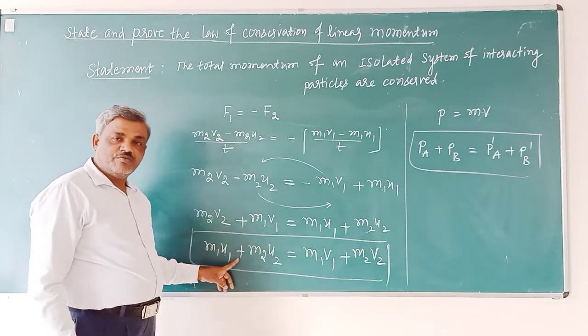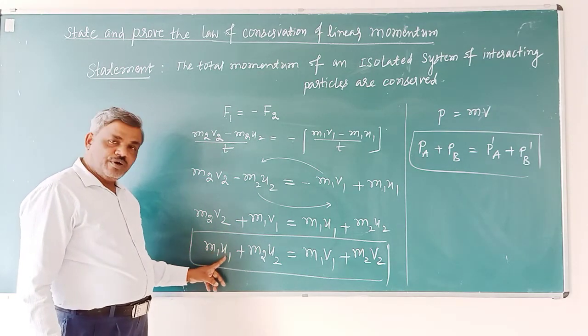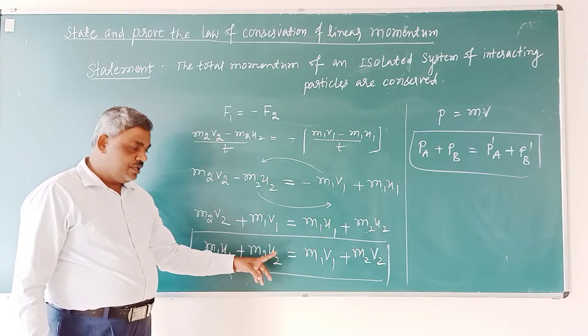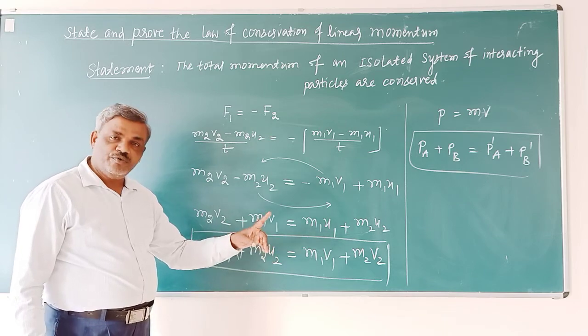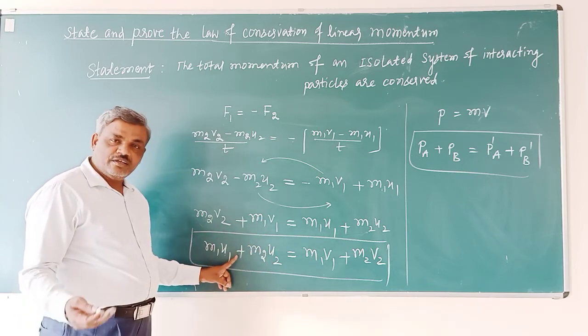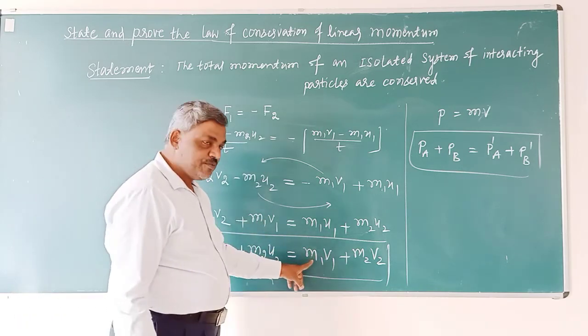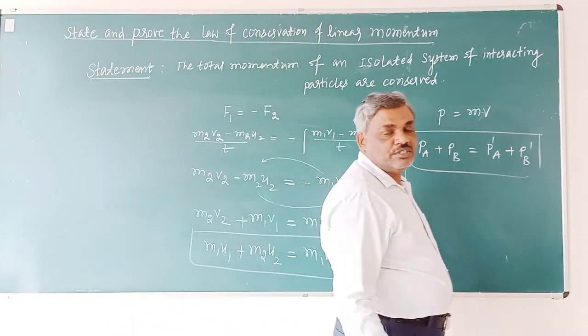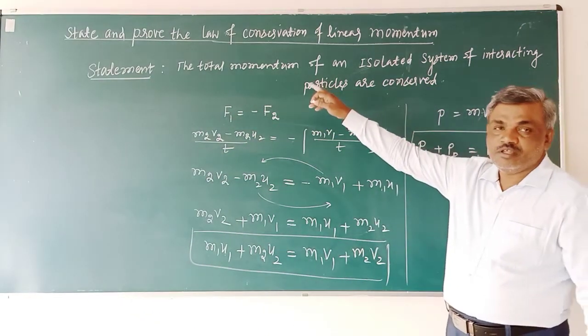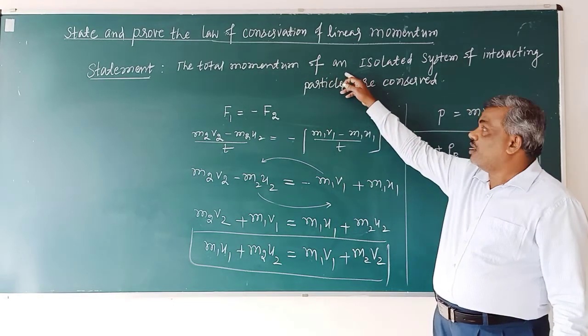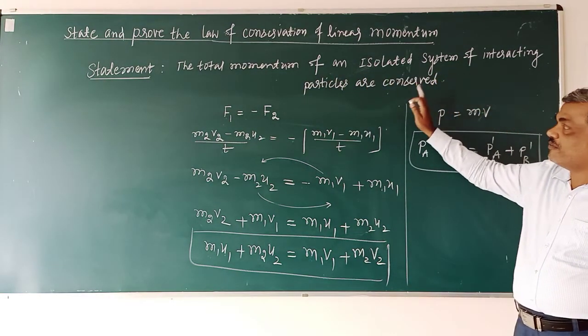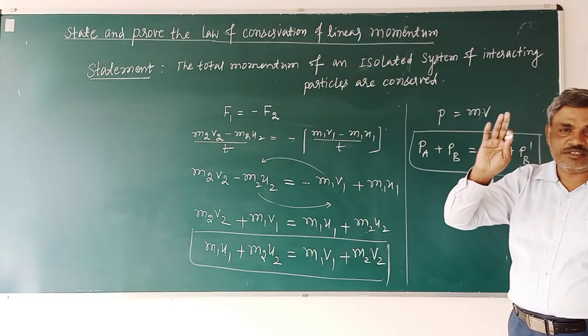So this equation is very important: m1 u1 plus m2 u2 equals m1 v1 plus m2 v2. The sum of the momentum of the two particles before collision equals the sum after collision. According to the statement, the total momentum of an isolated system of interacting particles is conserved.